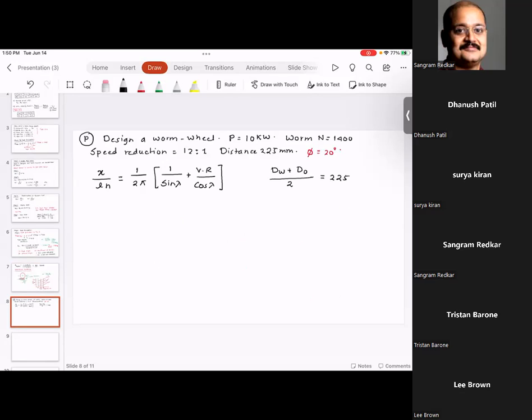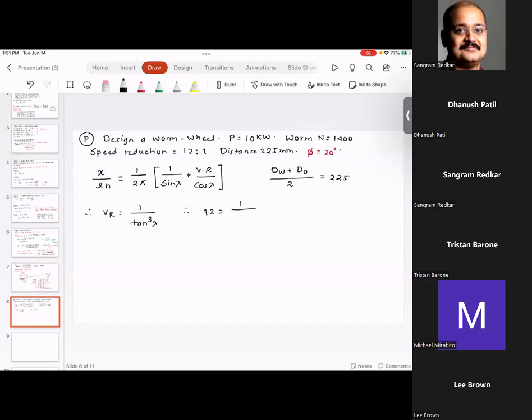Now for the velocity ratio, there's another equation, which is 1 divided by tan cube lambda. So 12 is equal to 1 divided by tan cube lambda. So from here, the value of lambda can be found out as 23.6 degrees.